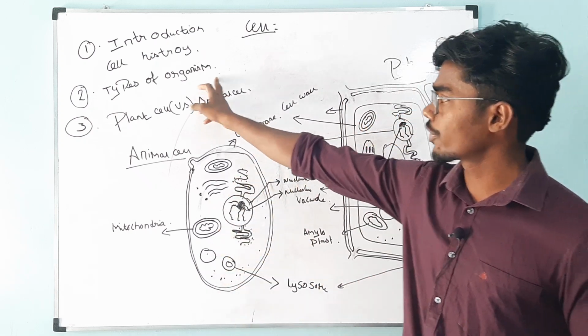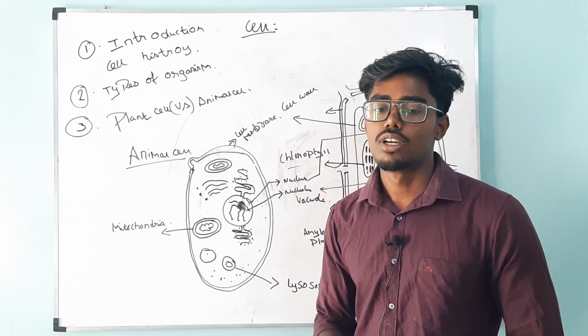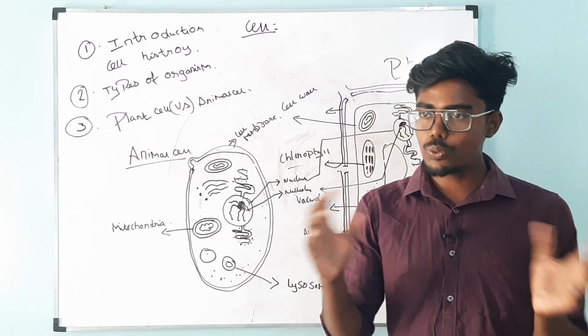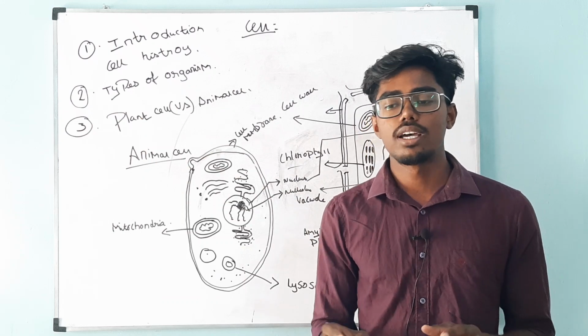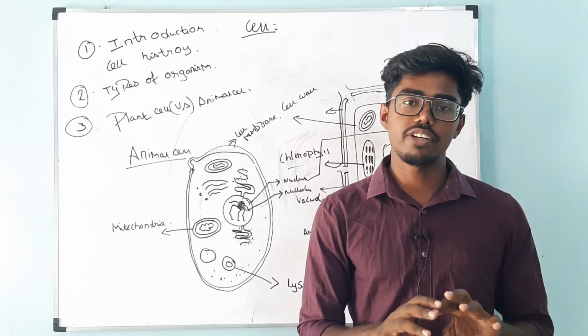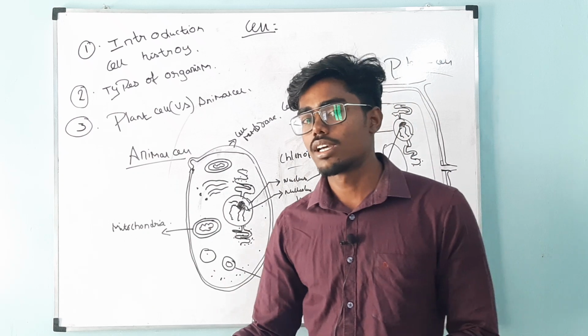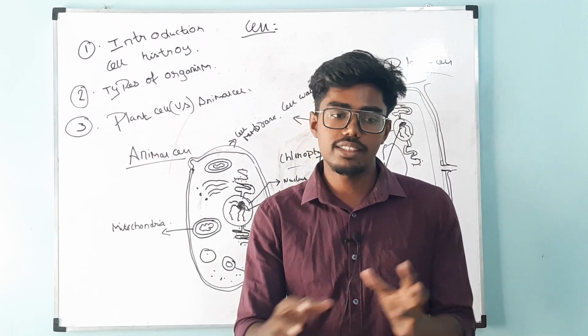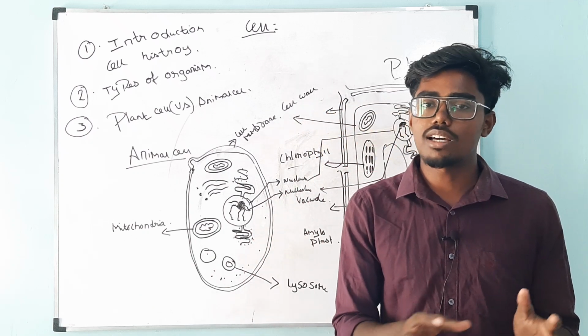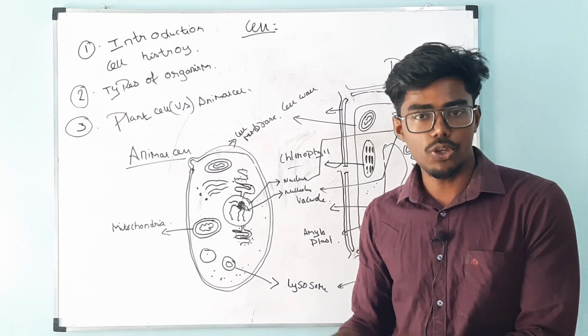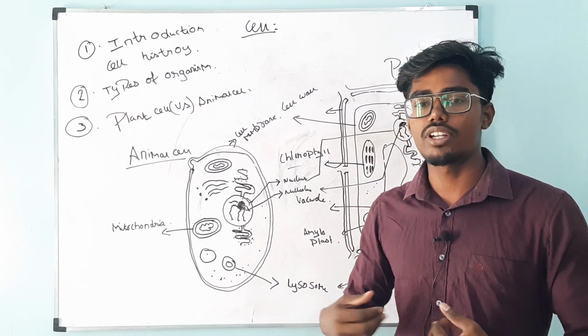Next we are going to see the types of organisms. As we know, in the universe everything is made up of cells, but they are divided into two types: multicellular organisms and unicellular organisms. Multicellular organisms are, for example, human beings and animals. We have different functions.